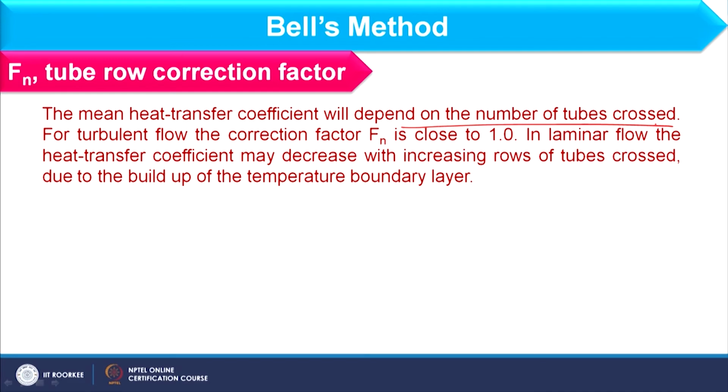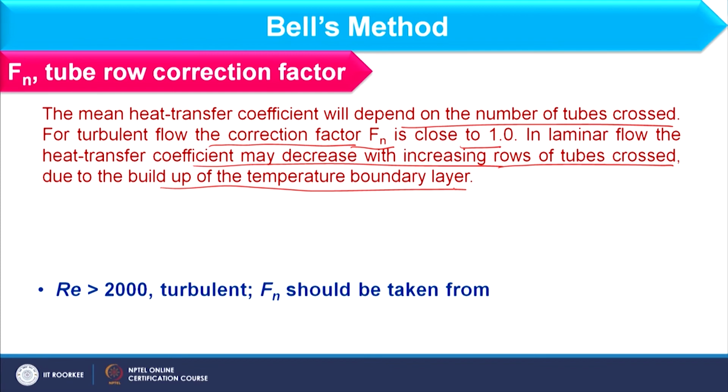So, whatever number of tubes are available, fluid should pass those tubes, and those tubes we consider as tube row. Okay. So, for turbulent flow, factor Fn is close to 1. In laminar flow, heat transfer coefficient may decrease with increasing rows of tubes crossed due to build-up of temperature boundary layer. So, these are some points about the Fn correction factor. Now, we will see how this factor can be obtained.